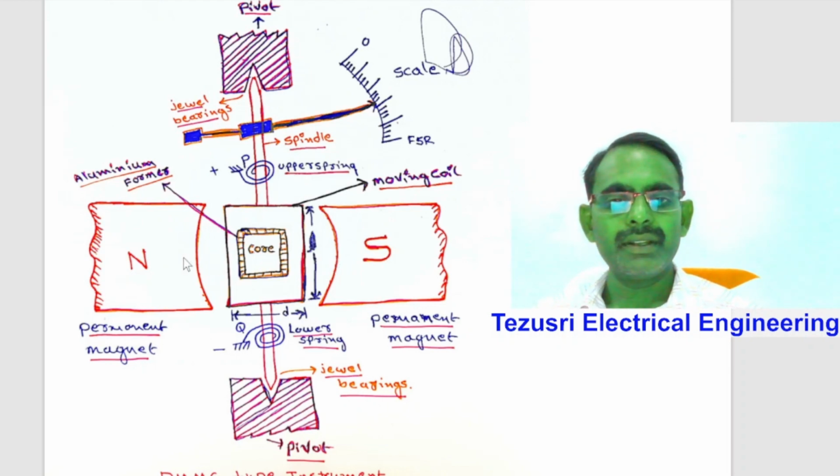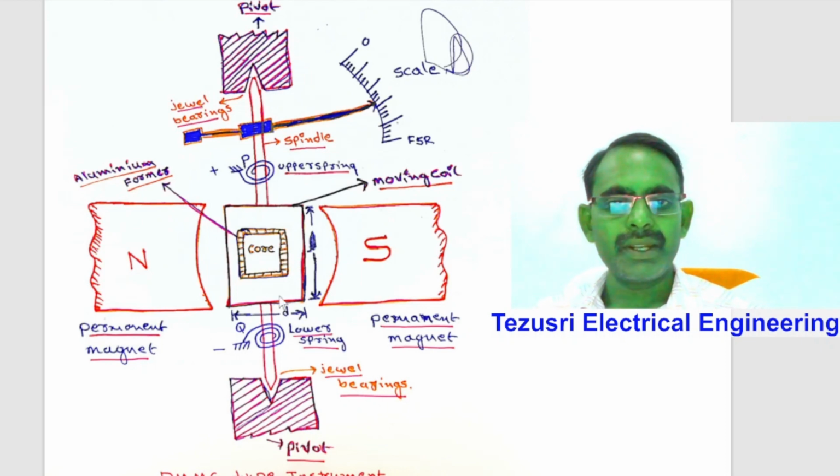In recent developments, materials like Alcomax and Alnico have high field density and high coercive force, so the length of these permanent magnets becomes smaller. Usually the field density of the permanent magnets used in PMMC instruments varies from 0.1 to 1 Weber per meter square.